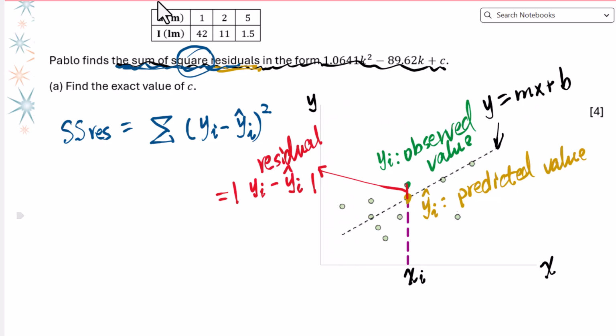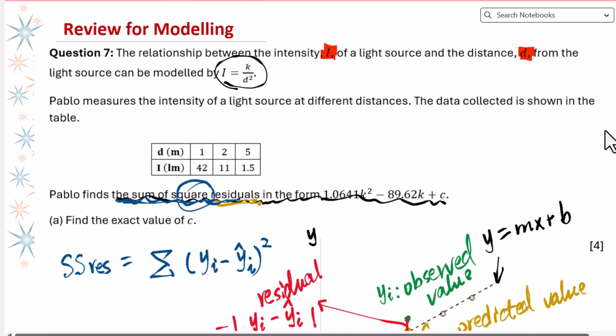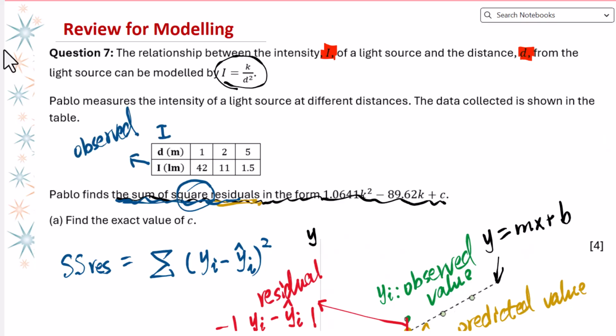You need to remember it. We are given this I, which is an observed value. We need to figure out this predicted value I hat. When we substitute 1 for d, we got k over 1 squared.